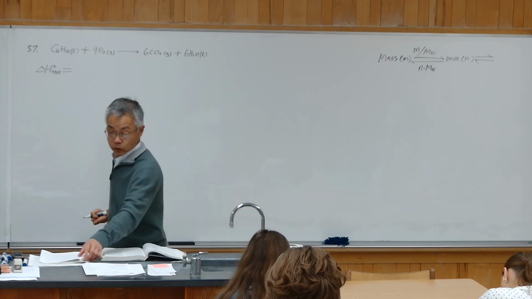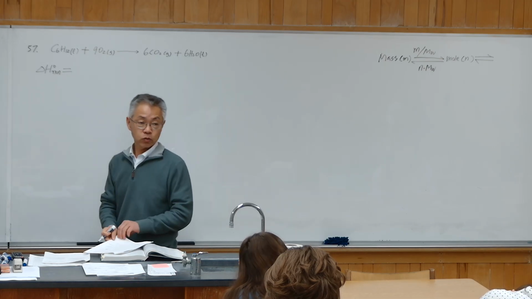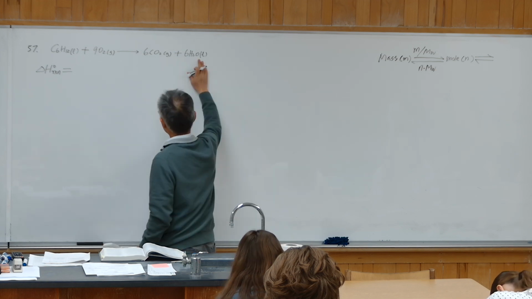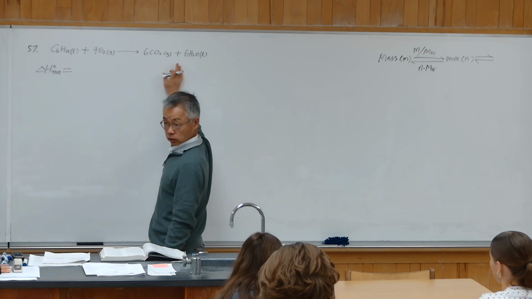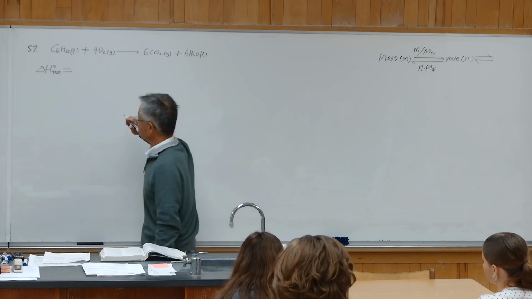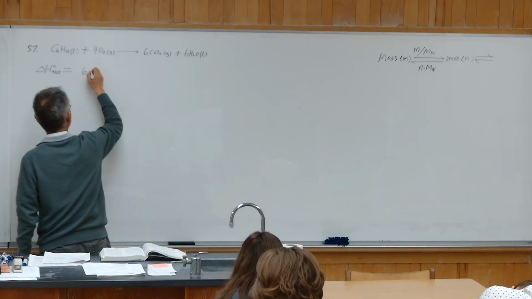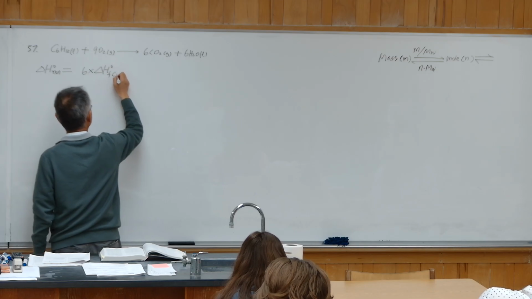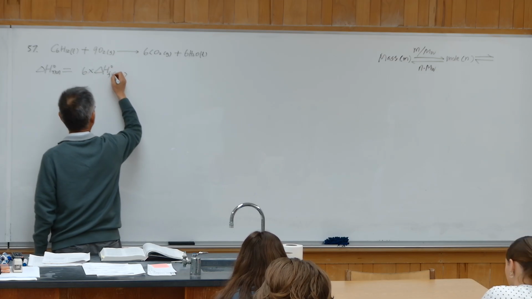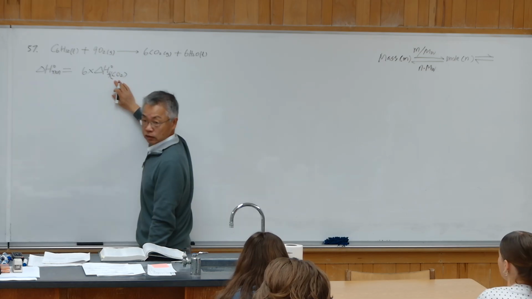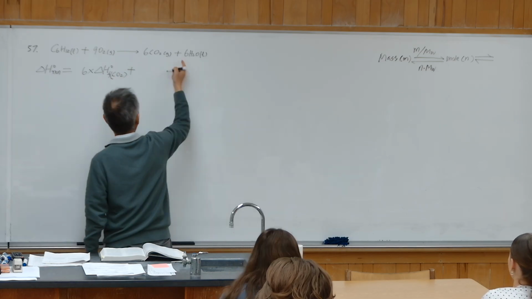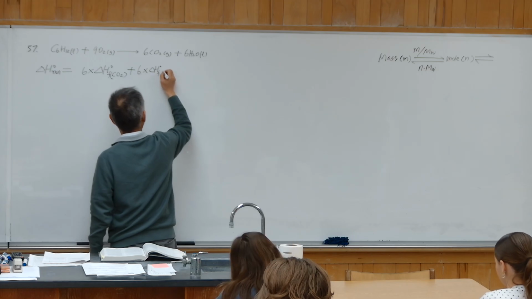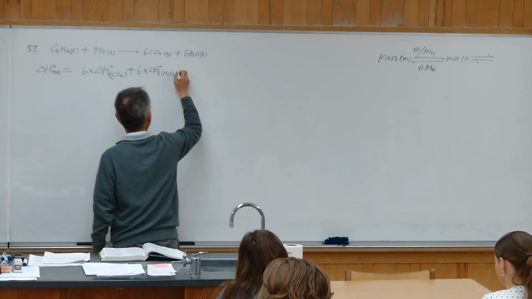Remember the formula? The reaction's entropy change is the total standard entropy from products. These two are products, right? So 6 moles of carbon dioxide is the first product, and the second product is 6 moles of liquid water.